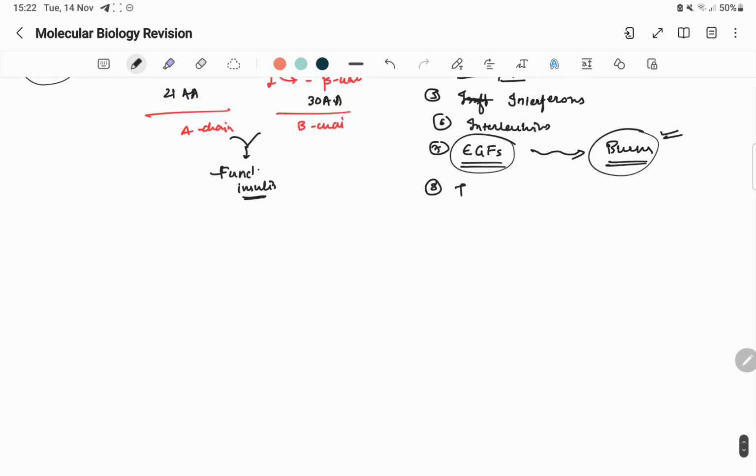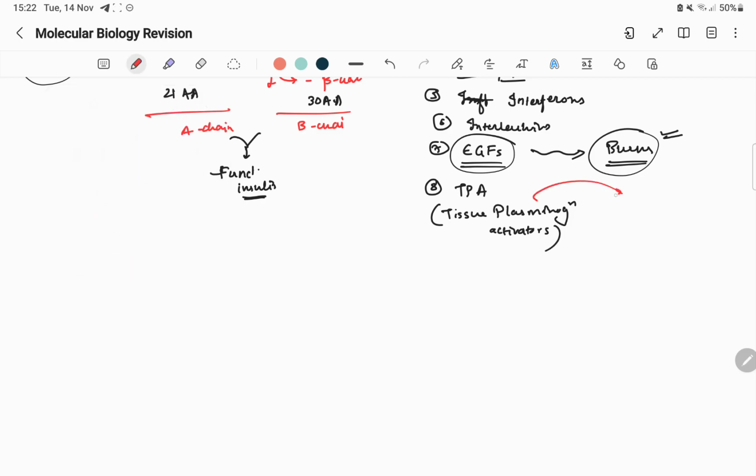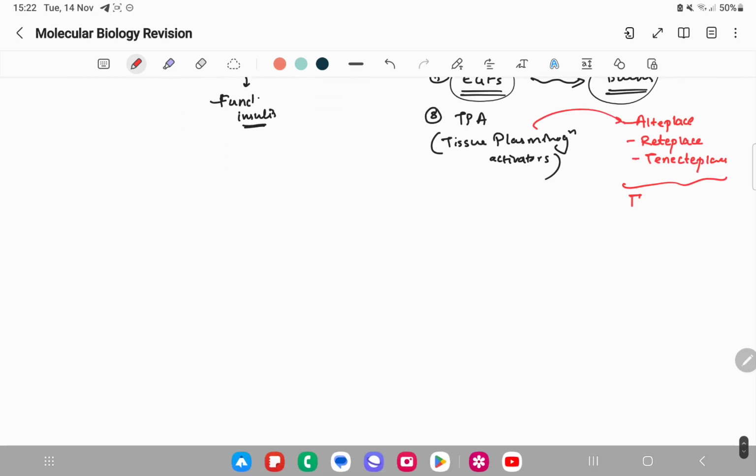Then the tissue plasminogen activators. For example, the three tissue plasminogen activators: your alteplase, your reteplase, and your tenecteplase. These are thrombolytic agents.